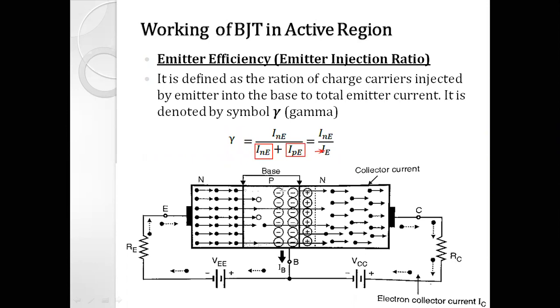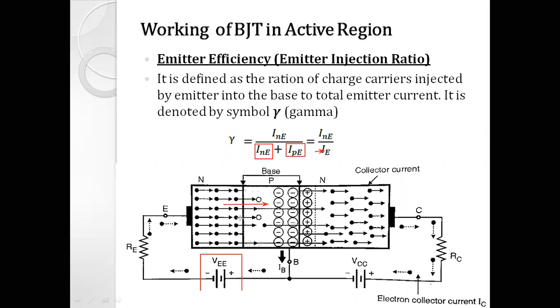But during this active region operation, what has been injected from the emitter into the base because of this VEE biasing are majority carriers, and the majority carriers are electrons.